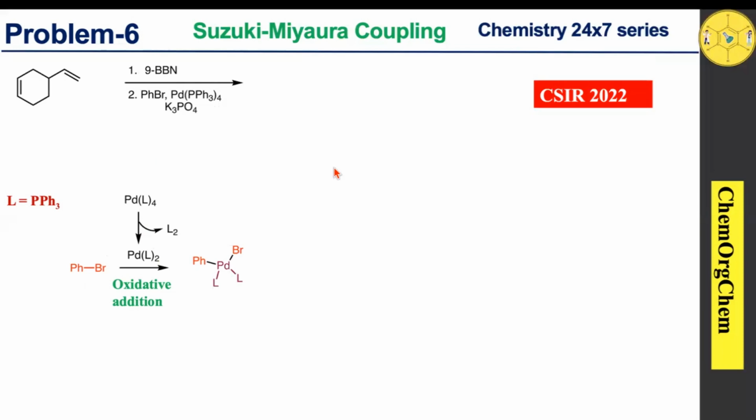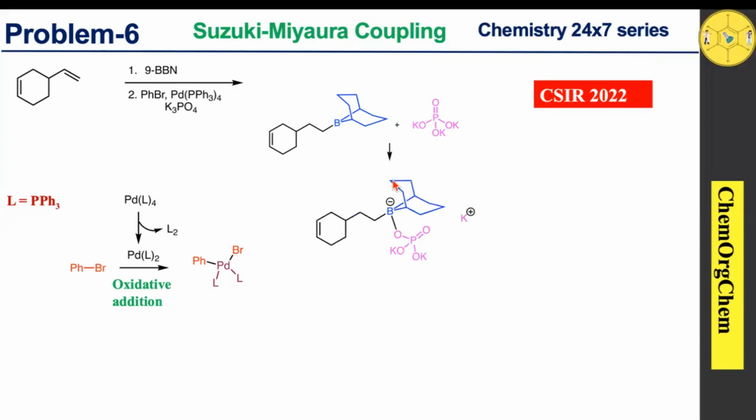At the same time, our trialkyl borane, the intermediate we obtained from the first step of this reaction, readily reacts with potassium phosphate tribasic, which generates this corresponding species. Here you should remember that the Suzuki cross-coupling reaction requires base, since trialkyl borane would not undergo transmetalation with this palladium complex in the absence of base.